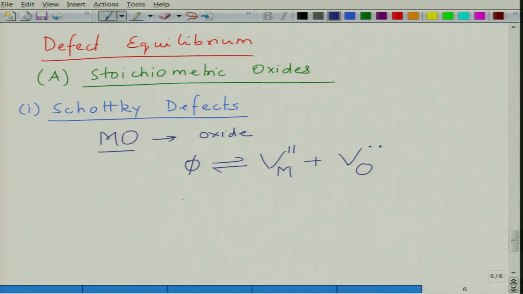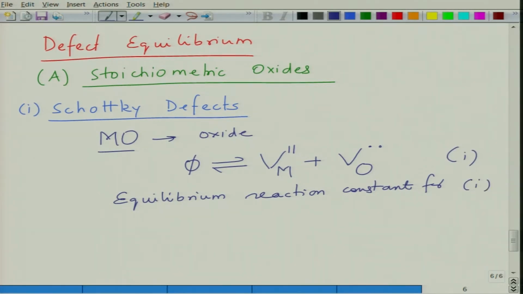So, we can write an equilibrium reaction constant for this, let us say Ks, equal to [VO] multiplied by [Vm].